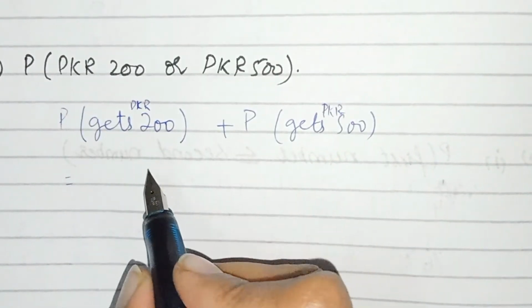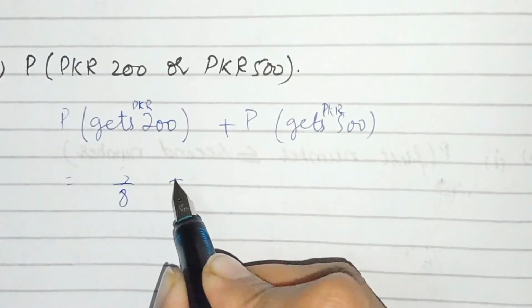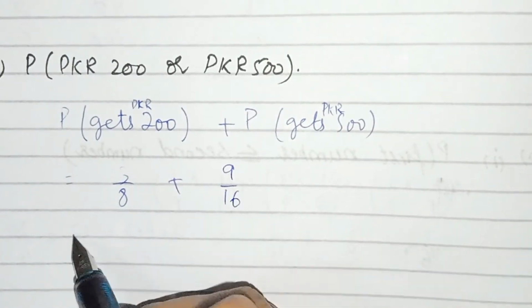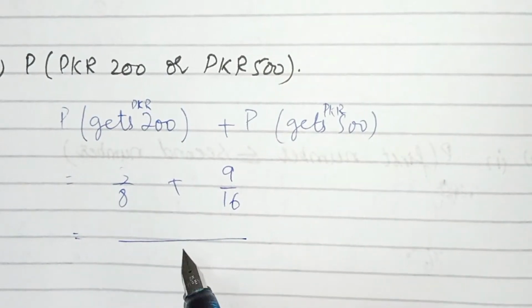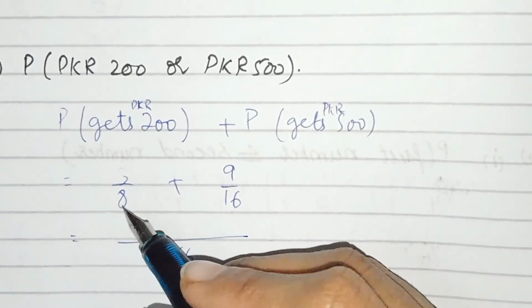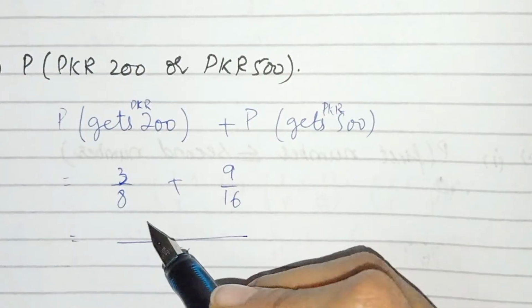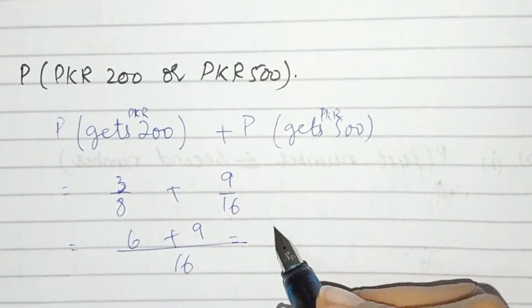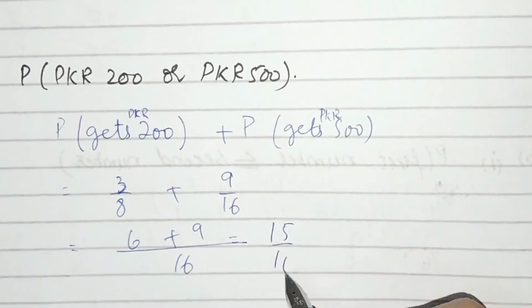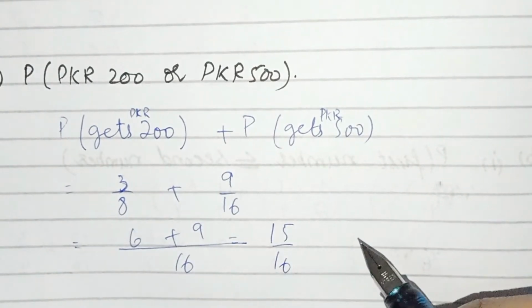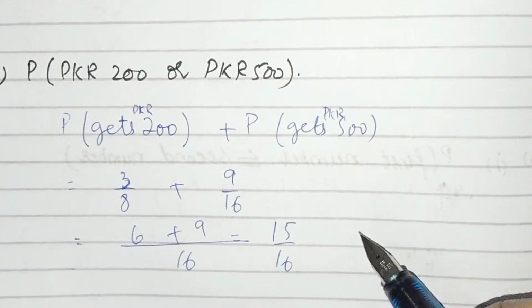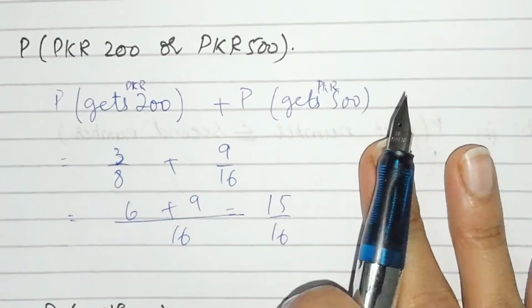This probability is 3 by 8 and this probability is 9 by 16. By solving it, with 16, 3 times 2 is 6 and 9, we get 15 over 16. This is the probability of getting 200 or 500.